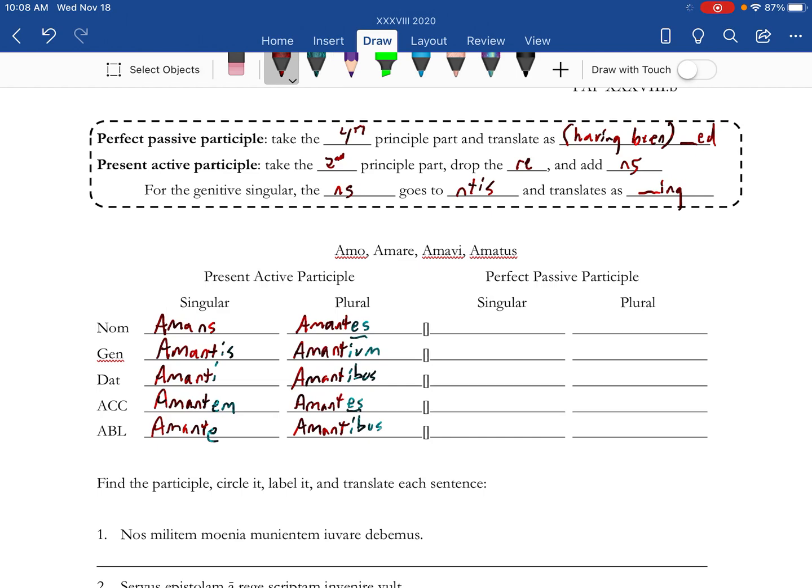Now on the perfect passive participle side, you want the fourth principal part, and I'm just going to drop the US now because that ending can change depending on the gender. It can be a US masculine, it can be an A feminine, it can be a UM if it's neuter, and then go from there.